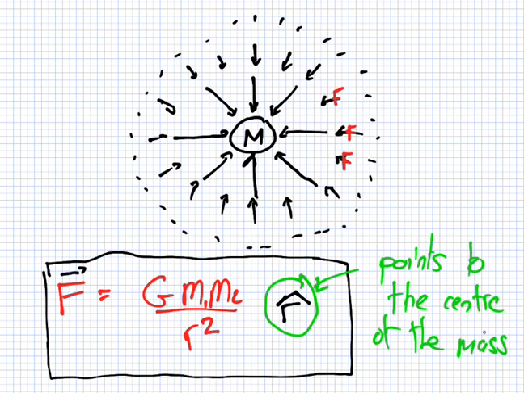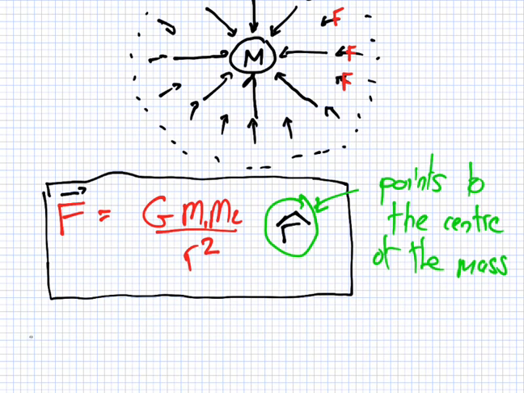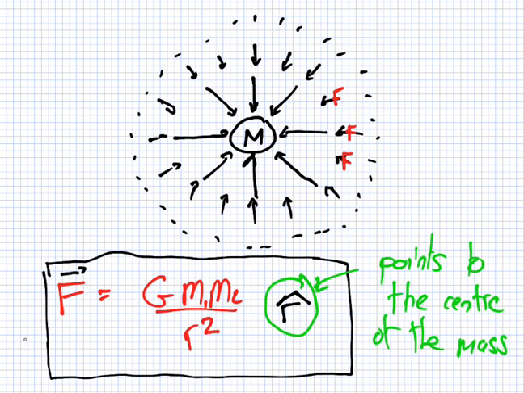I'll skip an example of this formula because we did this in semester 1, calculating the force between two masses. But I won't skip the next part. If I go to this diagram here, in our mind, we can picture that if you're nearer to the center, the force feels stronger.